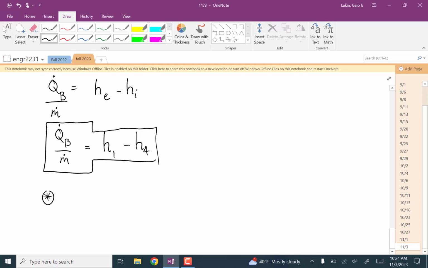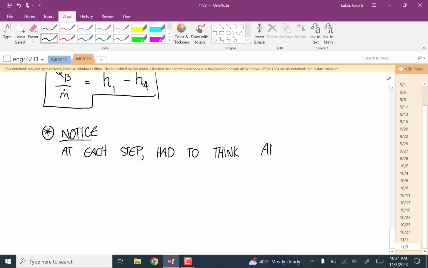So notice at each step, we had to think about whether Q dot or W dot agreed with the first law sign convention.